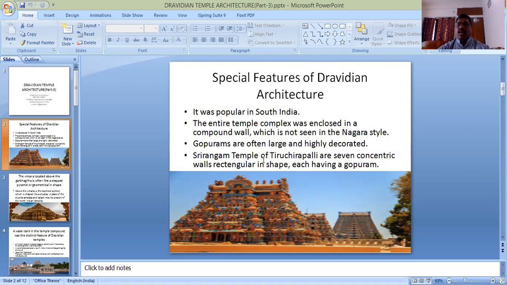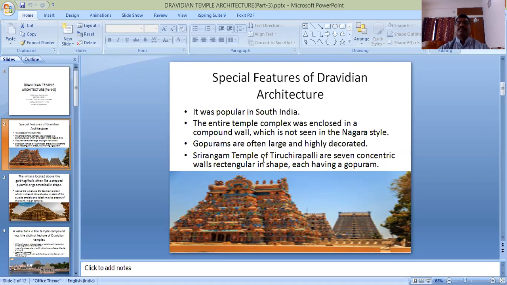And the entire temple complex was enclosed in a compound wall, which is not seen in the Nagara style. That is the basic difference between the Nagara style and the Dravidian temple architecture style.